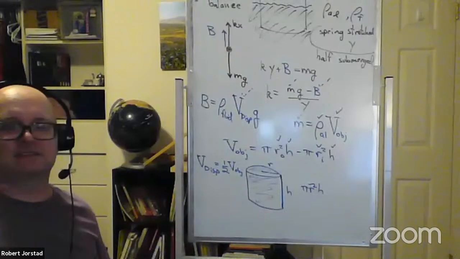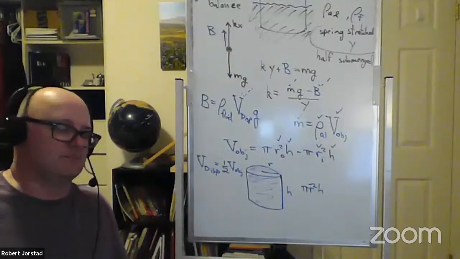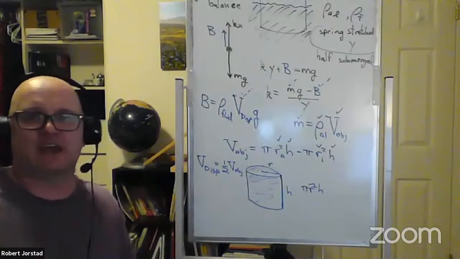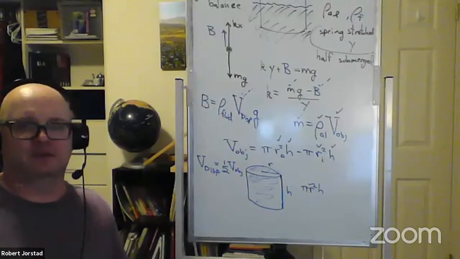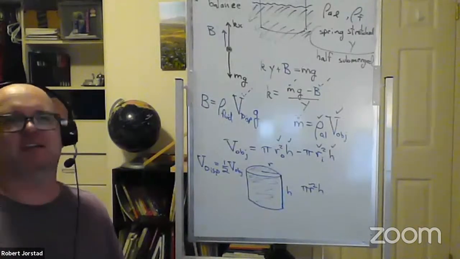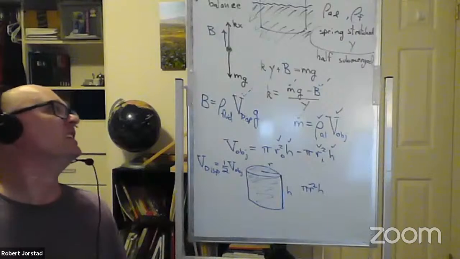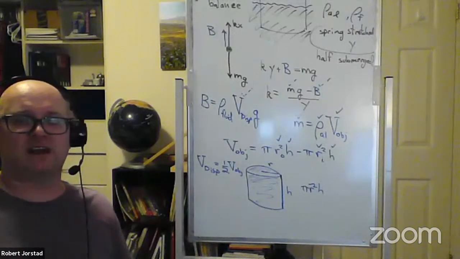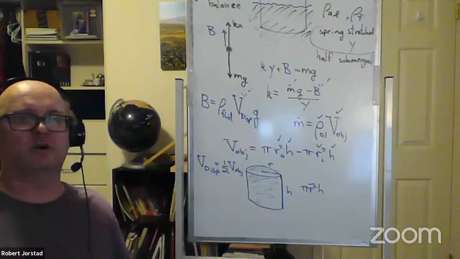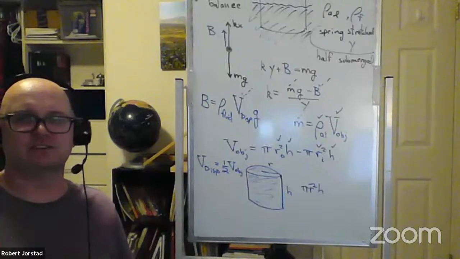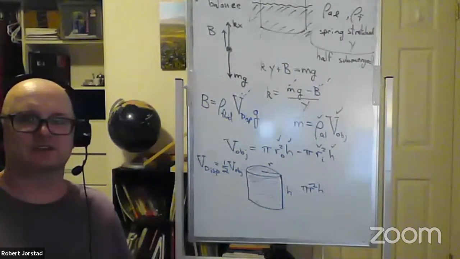You could imagine putting this on a test, and you could have one version have compressed, one version have stretched, one version have hollow, one version have not, right? There's a lot of ways you could do this one. But at this point, I feel like you pretty much know all the variations you could do for springs, buoyant force, mg.